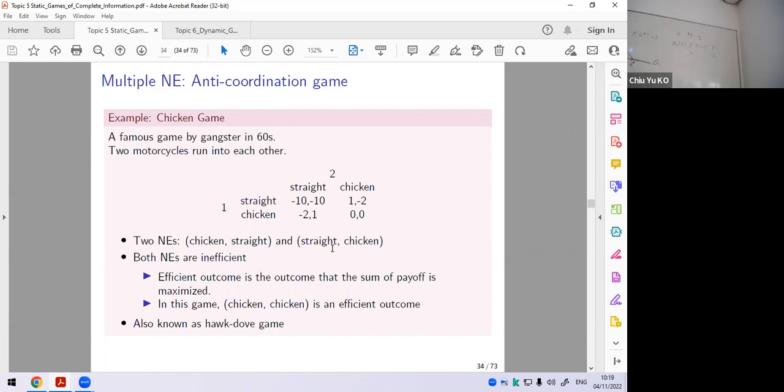And if there's some mutant, an evolutionary mutation, some crazy people choose below, would they be better off? If they are better off, then more mutants go to it. It's a dynamic sense.